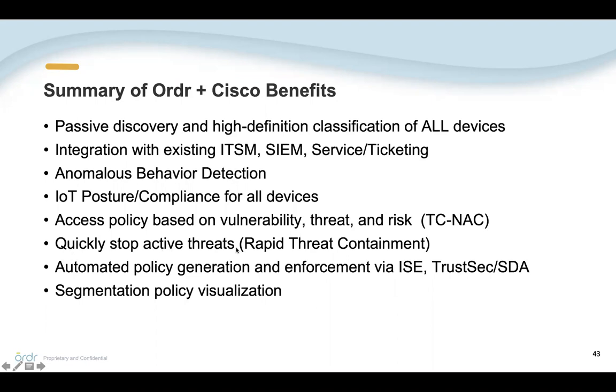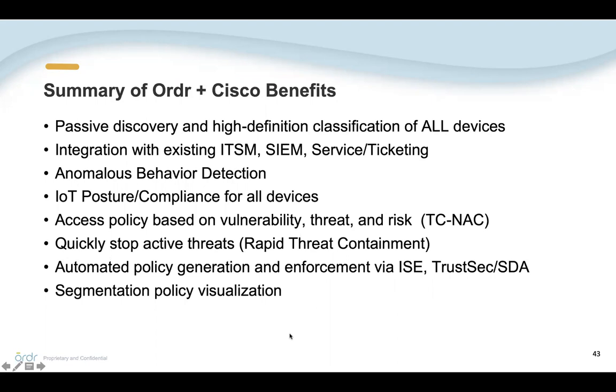Being able to quickly stop the active threats, so we show the rapid threat containment. And this big piece right here: how do I not just provide a green light and full access to these IoT and other devices, but how do I very effectively, with a high degree of confidence, apply micro-segmentation policy to these groups of devices for my entire network, regardless of whether it's building automation, manufacturing, healthcare, or a user-based device, and then validate that?